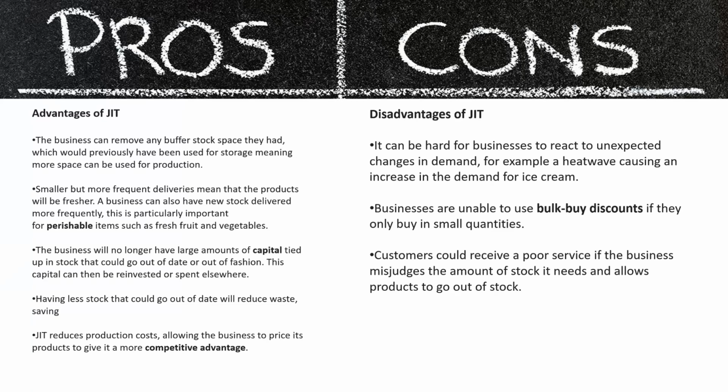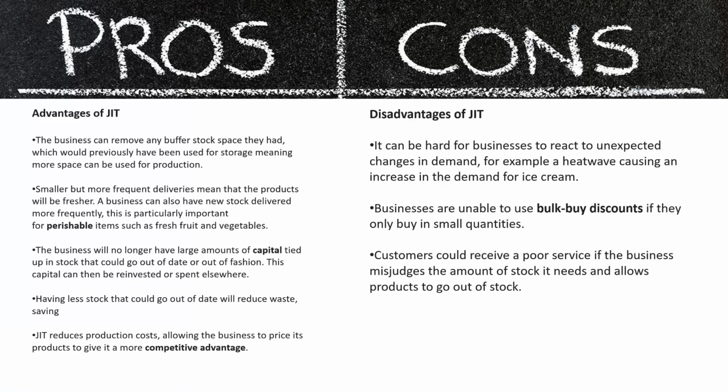A business can also have new stock delivered more frequently. This is particularly important for perishable items such as fruit and vegetables, like I just mentioned. The business will no longer have large amounts of capital tied up in stock that could go out of date or out of fashion. So this capital can then be reinvested or spent elsewhere.